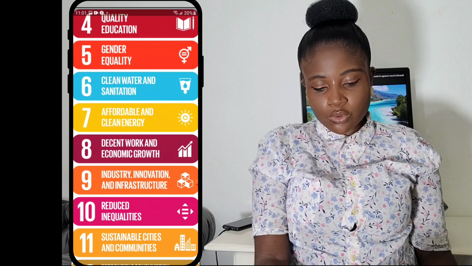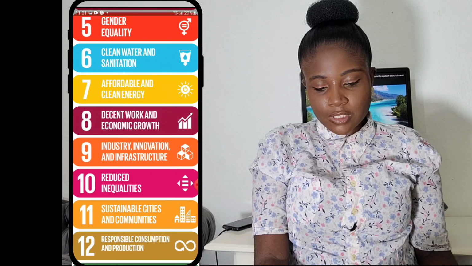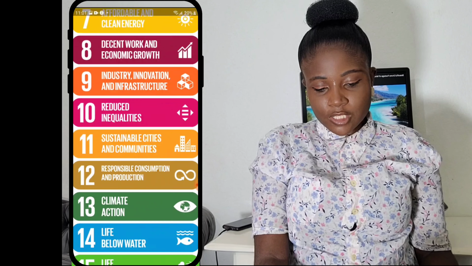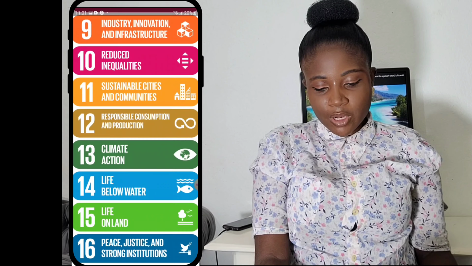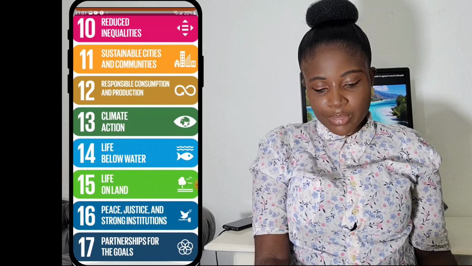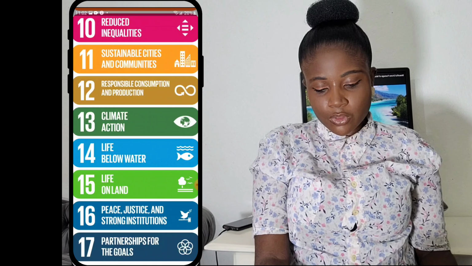You can donate to reduce inequality, sustainable cities and communities, responsible consumption and production, climate action, life below water, life on land, peace, justice, and strong institutions, partnerships for the goals.